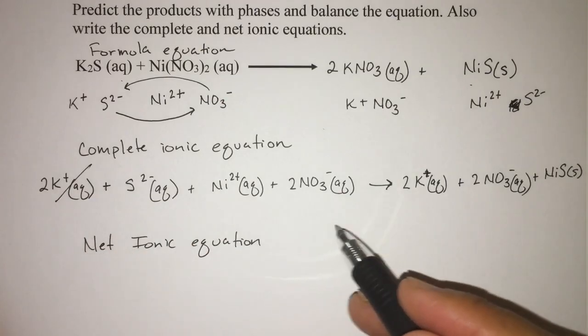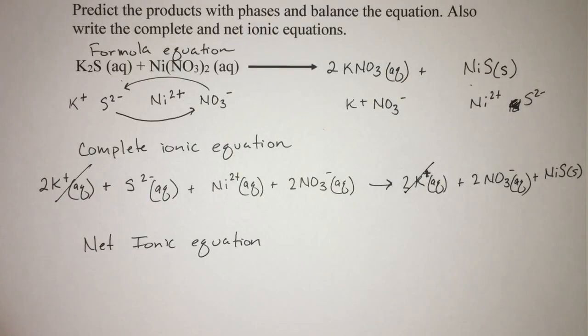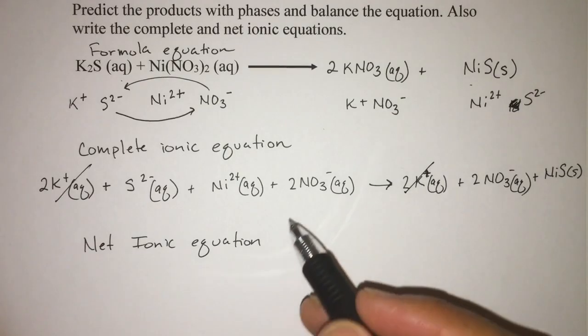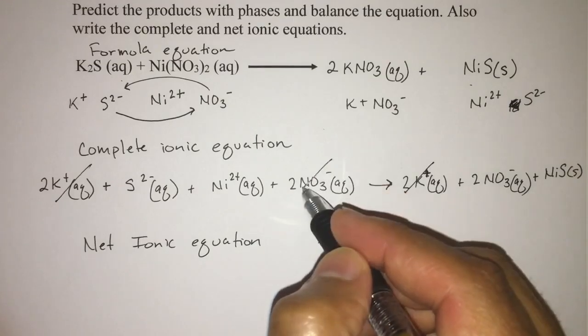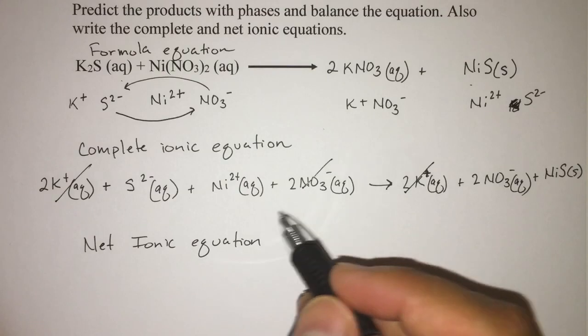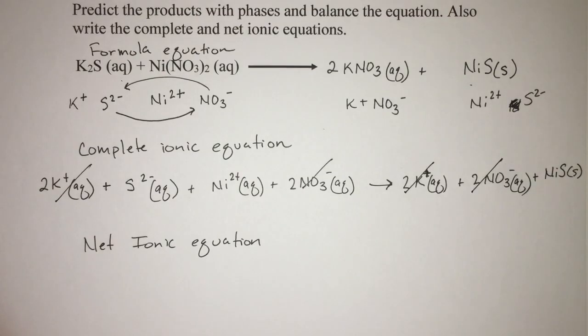After the solutions have mixed, there are still 2 moles of potassium. There's 2 moles of nitrate at the beginning. After the solutions have been mixed, there's still 2 moles of nitrate in the aqueous phase. So these ions that cancel out are called spectator ions.